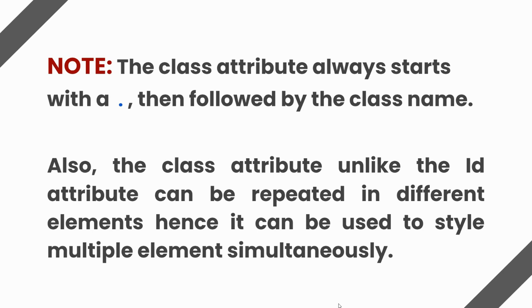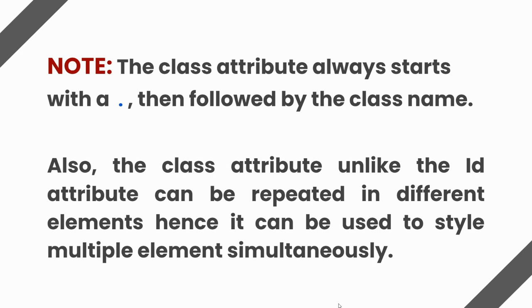So once you reference the element by the class name, it's going to affect every element that has that particular class name. So you can see that the ID attribute doesn't give you that power to style different elements at the same time.